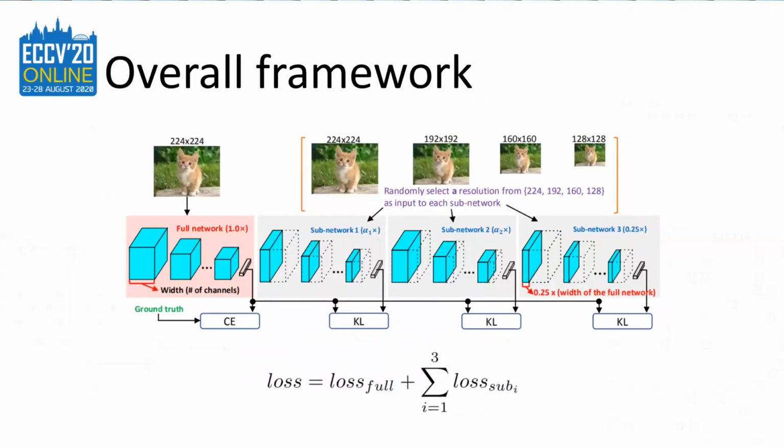The other subnetworks are fed with randomly selected resolutions. Note that the full network is supervised by the ground truth label using cross-entropy loss, while the other subnetworks are supervised by the full network using KL divergence loss. The total loss is the sum of the full network loss and subnetwork losses.